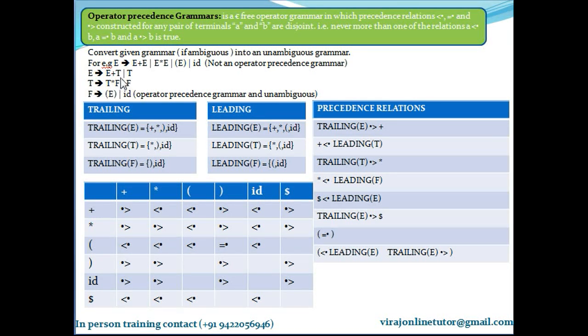Whatever is in trailing of T, put it into trailing of E. So that completes trailing. I have computed leading and I have computed trailing.